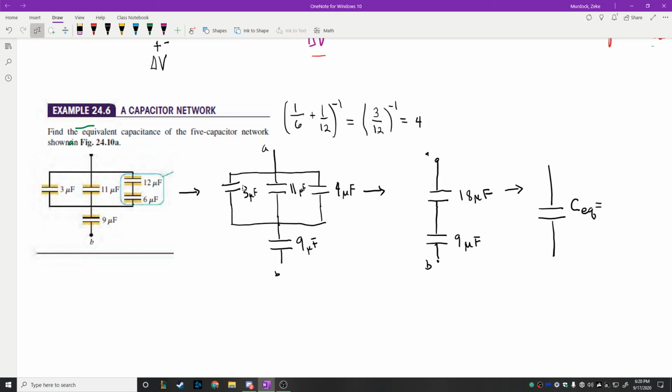And what's that one going to be? You guys want to do that calculation? It's going to be 6. That's because you're doing 1 over 18 plus 1 over 9. You get a common factor here. That's going to be 3 over 18 to the negative 1, and that'll give you 6. So our final answer here is that it's 6 microfarads.